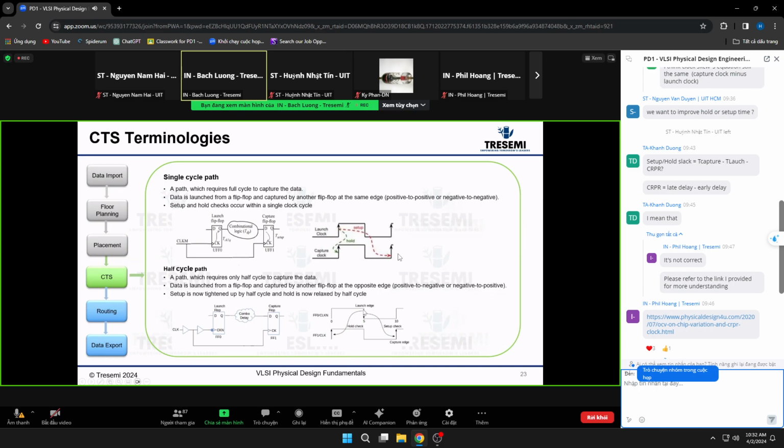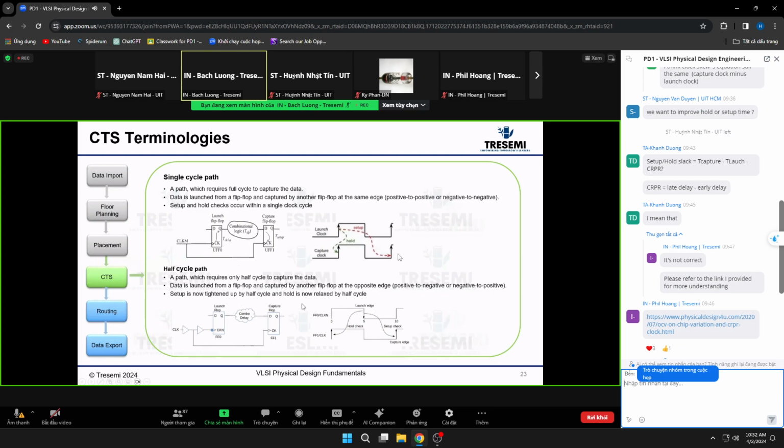Since it's launched here at the negative edge, you already lost half of a cycle for the setup, right? So instead of 10, now you have to meet at 5, because this is the launch edge and now this is the capture edge. You really only have 5 instead of the entire cycle for the setup to make it, right?